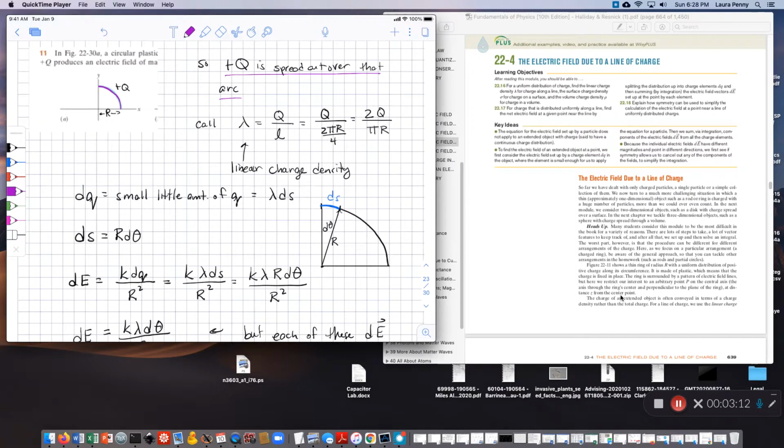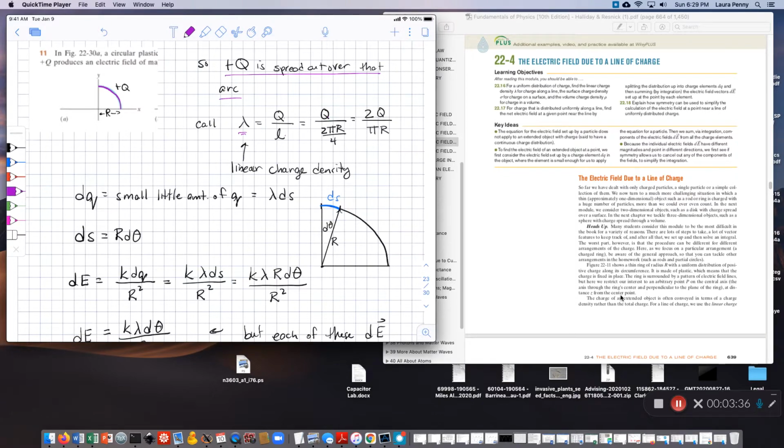What we do is define a thing called the linear charge density, which has the Greek letter lambda. It's not wavelength, it's Greek letter lambda, where we say the charge over the length that the charge is smeared out over. So in this situation, I have some charge Q spread out over a quarter of a circle.